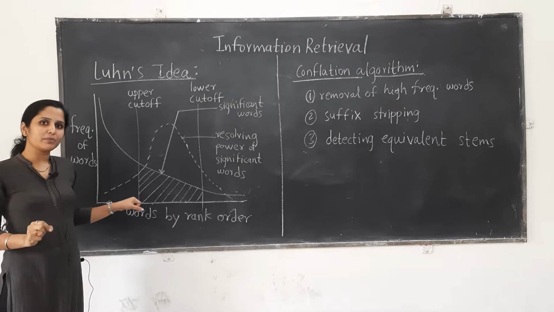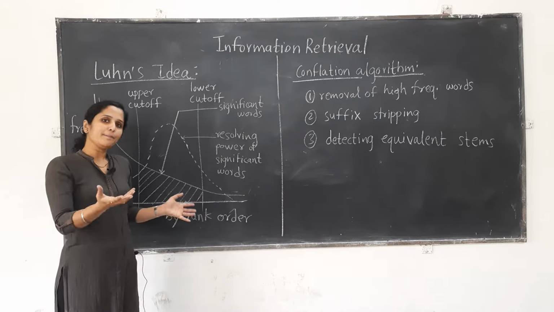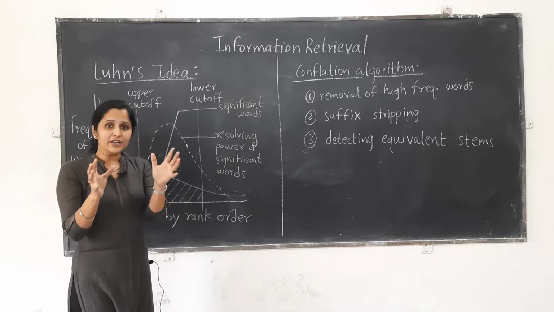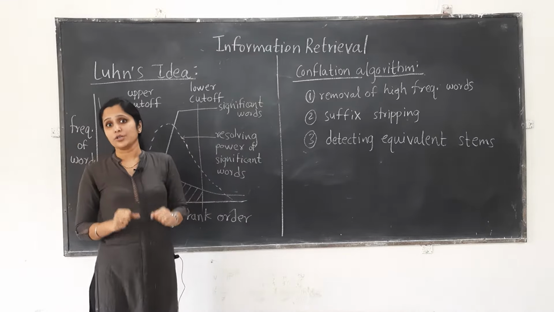So, the upper cutoff is going to eliminate that sort of words, whereas the lower cutoff removes the words which occur rarely in the document, but still do not contribute to identifying the contents or context of the document.